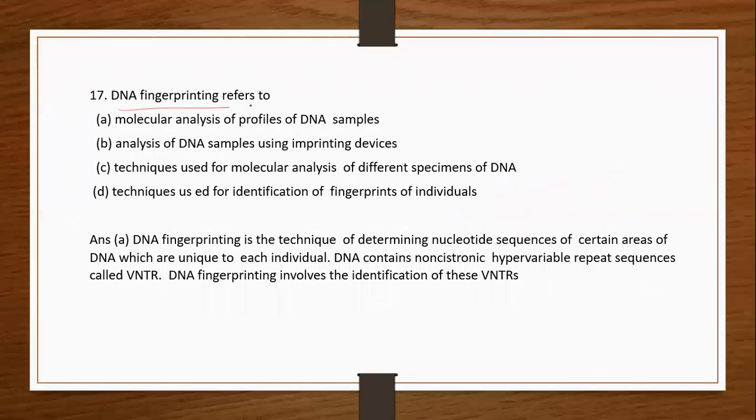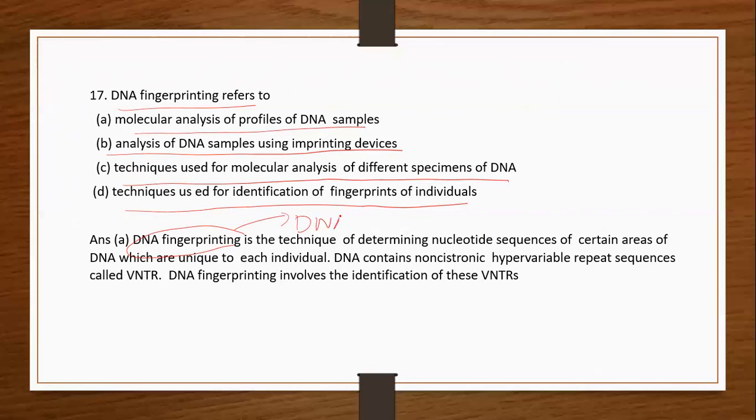DNA fingerprinting refers to molecular analysis of profiles of DNA sample, analysis of DNA sample using imprinting device, techniques used for molecular analysis of different specimens of DNA, or techniques used for identification of fingerprints of an individual. Now this DNA fingerprinting, we know, is also known as DNA profiling. This technique is used to determine the nucleotide sequences of certain areas of DNA which are unique in each individual.